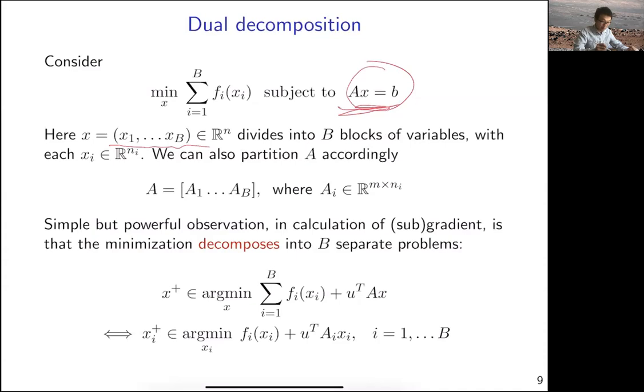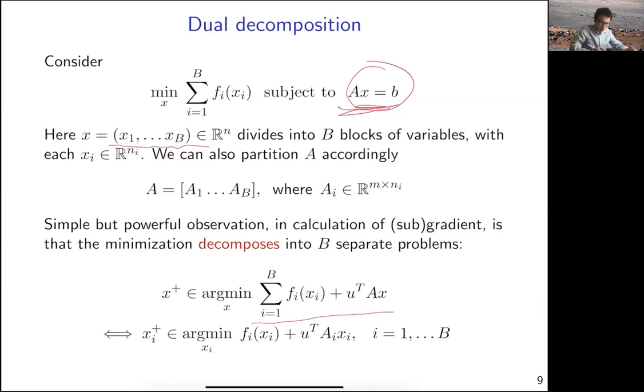Notice that essentially in every iteration, we are only updating the dual parameter. But the construction of the gradient of the dual objective function requires us to solve a primal problem of the following form.